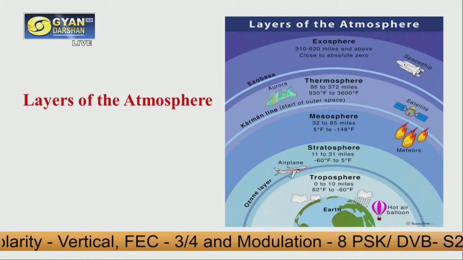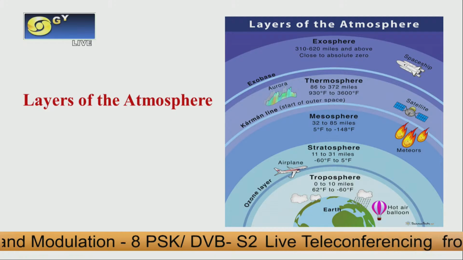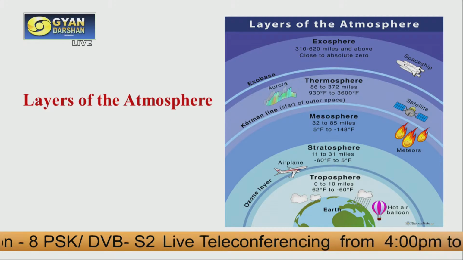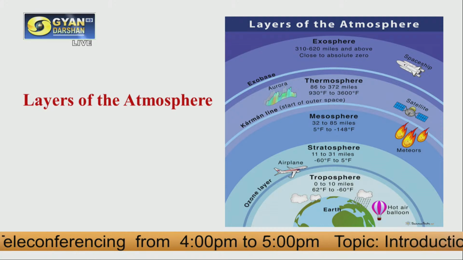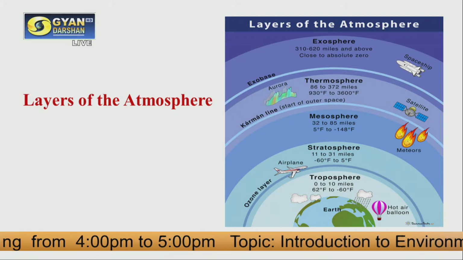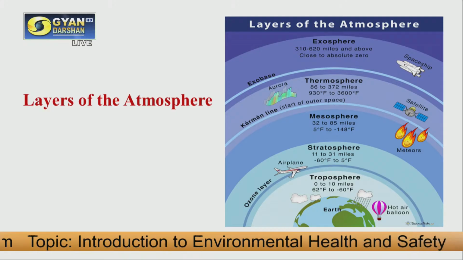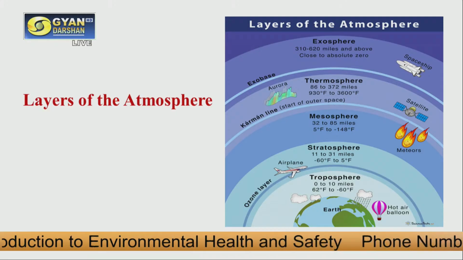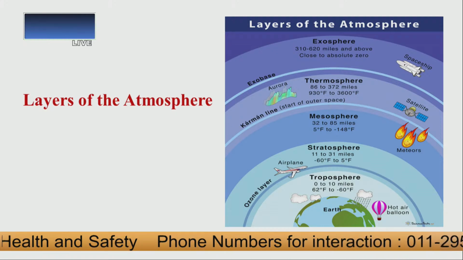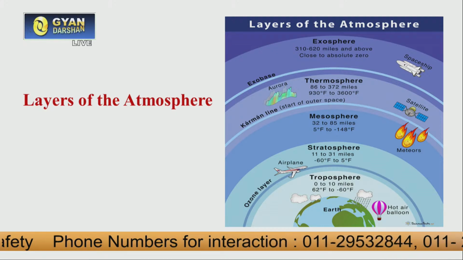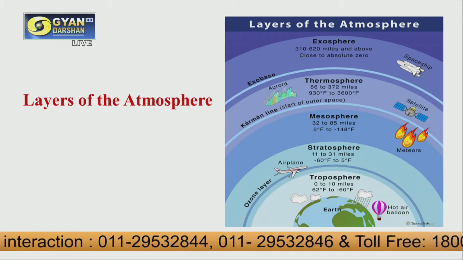And this stratosphere is around 32 to 85 miles thick in depth, and here the temperature is 5 degrees Fahrenheit to minus 148 degrees Fahrenheit. Above that is the troposphere, and here you see that satellites generally are placed in this thermosphere layer, or zone.